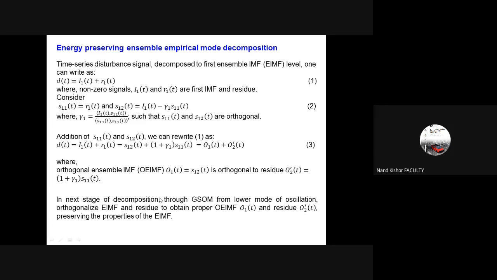So in the next stage of decomposition, we apply the Gaussian optimization mean for the lower mode of oscillations, so as to orthogonalize the IMF and thereby obtain the residue as well, right? And so that you have the property maintained for each orthogonal assembled IMF level, as well as the residue, so that the energy leakage is preserved between the decomposed IMFs.